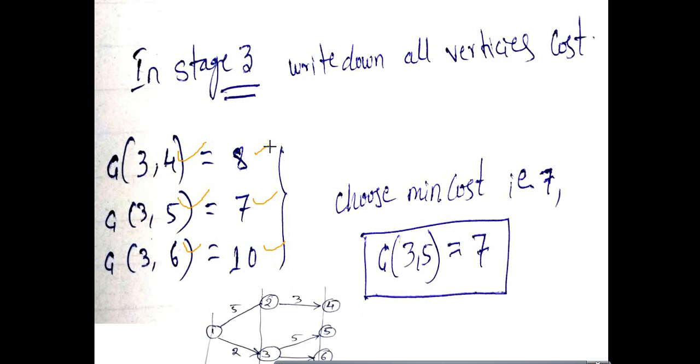So which one is minimum here among these values? 8, 7, 10. So 7 is minimum. So mark this vertex. See, at third stage, fifth vertex has the minimum value 7. Okay.